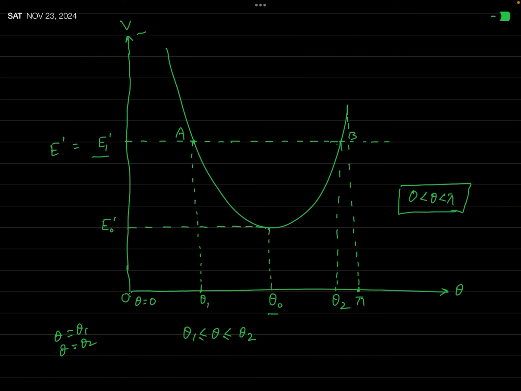What does it mean? In fact, this result shows that the symmetry axis OZ of the rotating top can vary its inclination theta to the vertical axis Z such that theta 1 is less than or equal to theta, and this is less than or equal to theta 2.